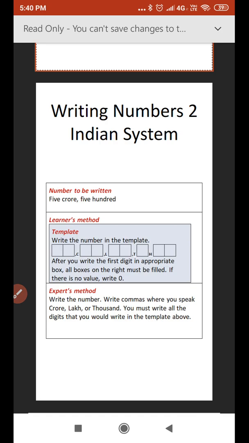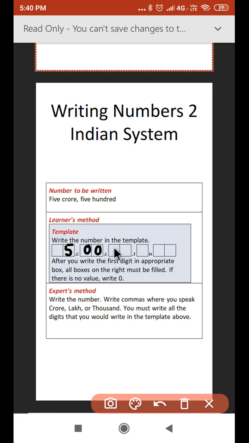Let's write one more number. The number is 5 crore. So this is C for crore. Before that we will write 5 crore and then 500. So how many lakhs? 0 lakhs. That means 0, 0.